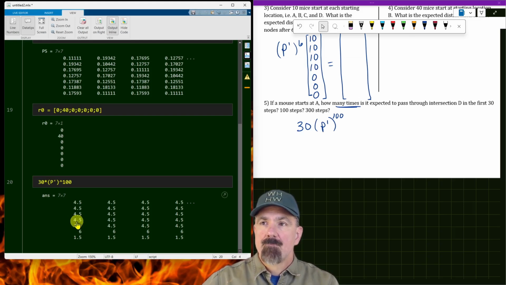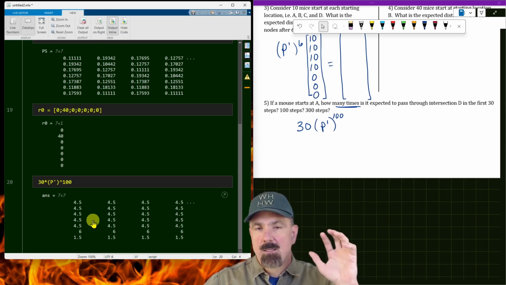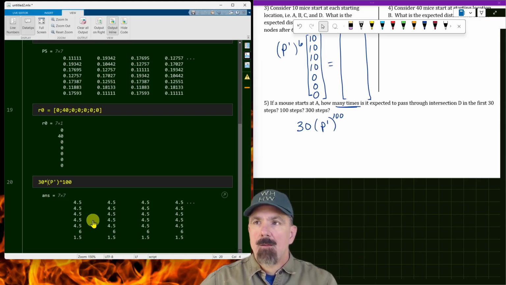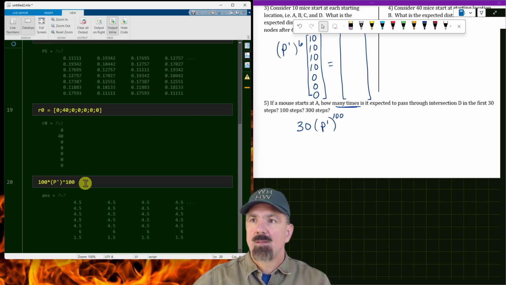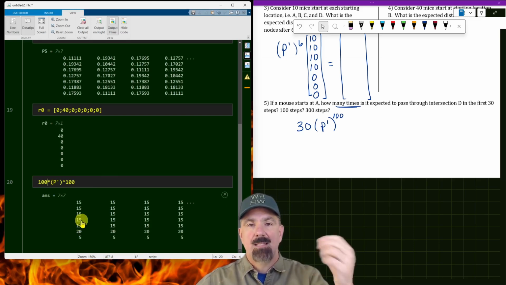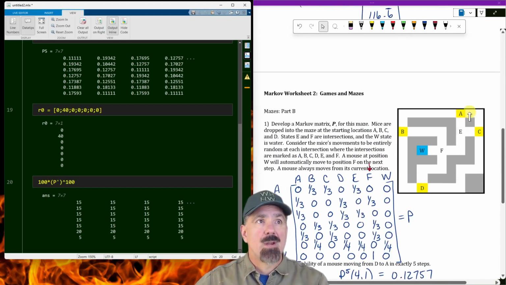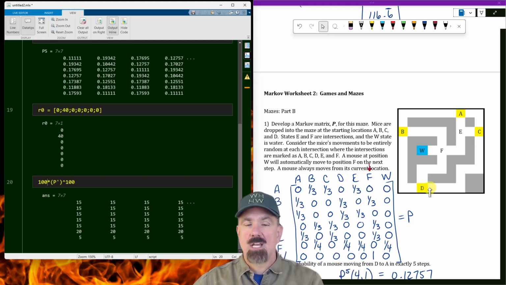Of the 30 steps, about 4.5 of those steps were spent at location D. And then the next one is 100 steps, which is more easily divisible here. Let me answer that question. It looks like about 15 of the 100 steps were spent at D. So the mouse is randomly moving around to different places, and 15 of those 100 steps, it's going to be at location D.